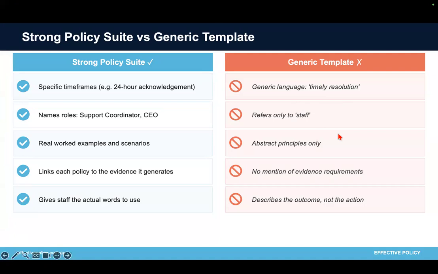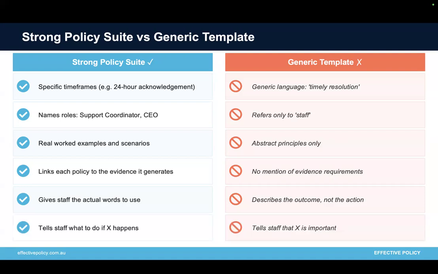So this is what really makes the policy and procedure an asset to you rather than this asset that you had to purchase and you don't use. It tells staff what to do if X happens, because otherwise they're going to do the best they can in whatever their head tells them to do.